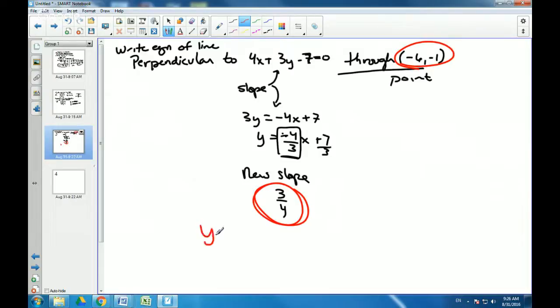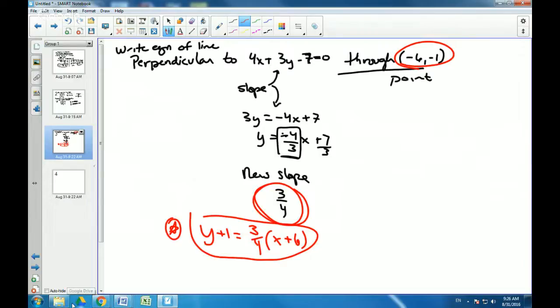Here's my equation. You get a star. Yay. You got an elementary school. Yeah, you know what, if I was an elementary teacher, I'd probably be in jail. Shut up!